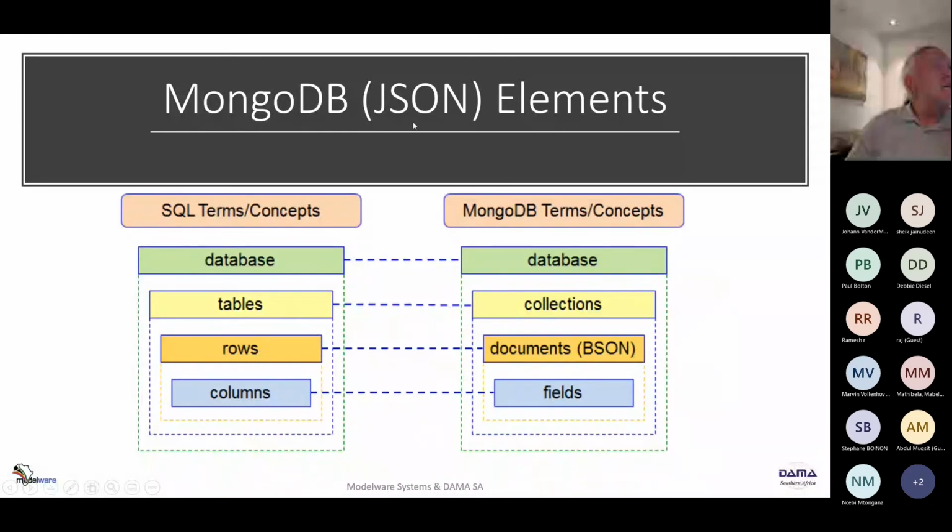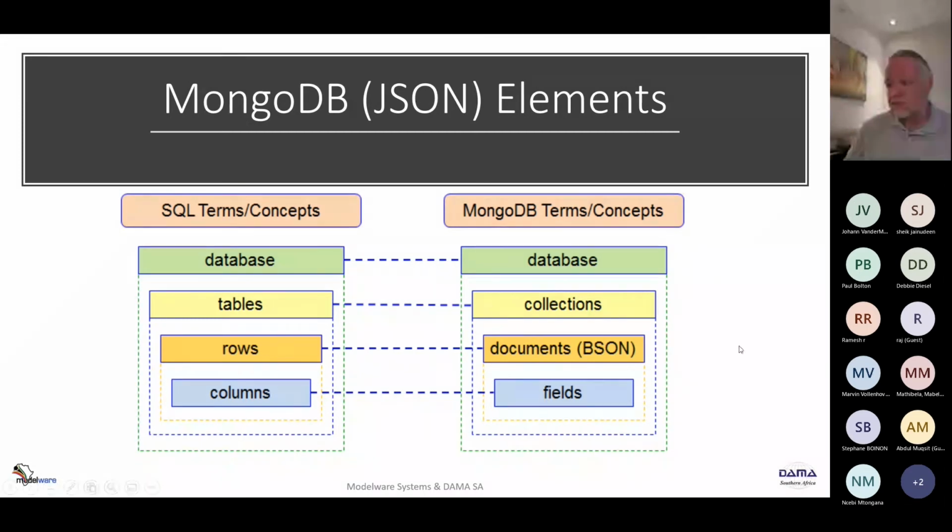Now, we as users interface with the JSON document, but it stores it in a binary format. It calls it BSON under the covers, but that's for compression and things like that. Then we have columns, and they have fields. Hopefully that starts to give you a mapping between these two different technologies.